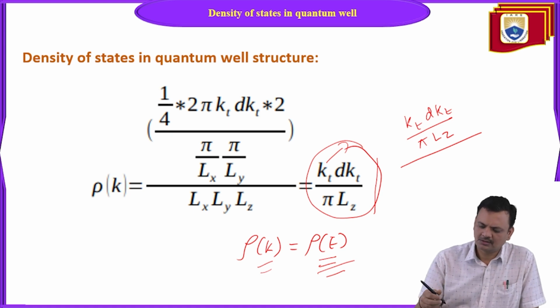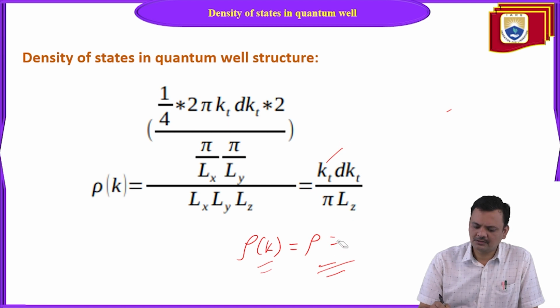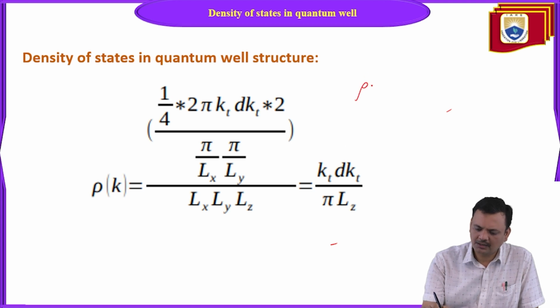What you know is that rho k dk is equal to rho E dE.